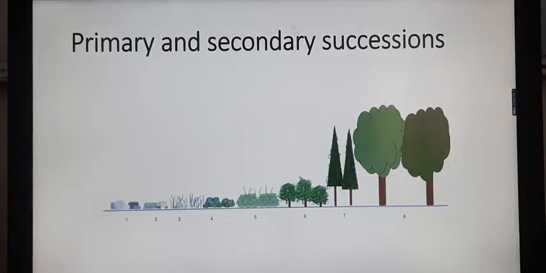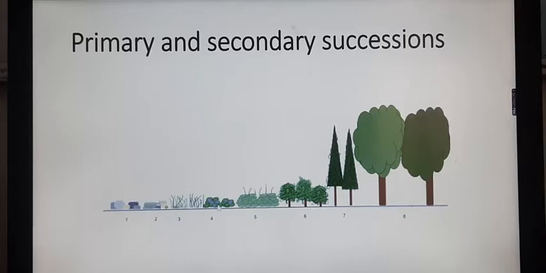So here we can understand the primary and secondary successions with this diagram. Here this is the rocky area. It started weathering, cracks started forming in it. It started forming soil, and then the grasses start growing on it.